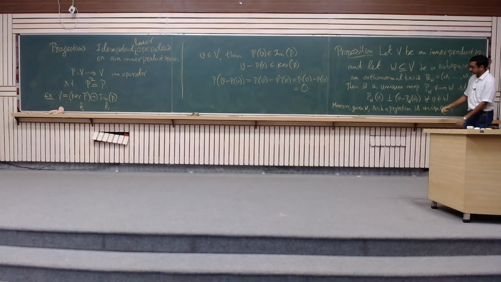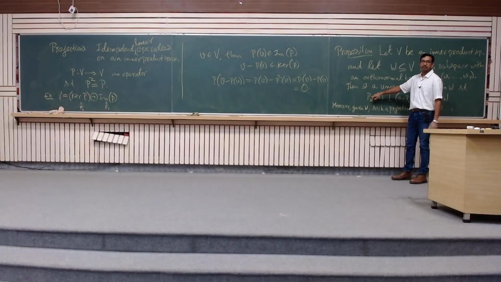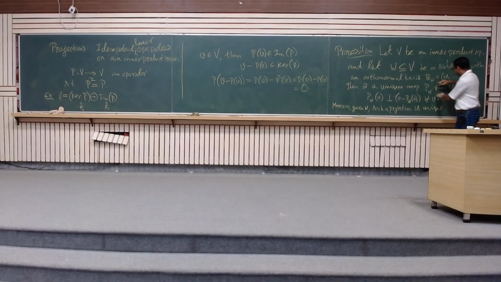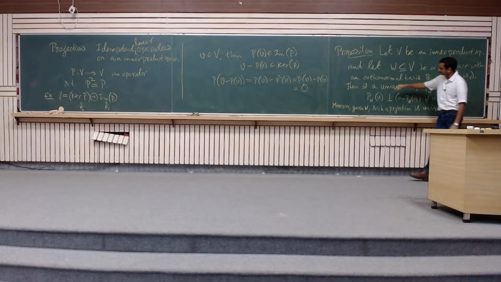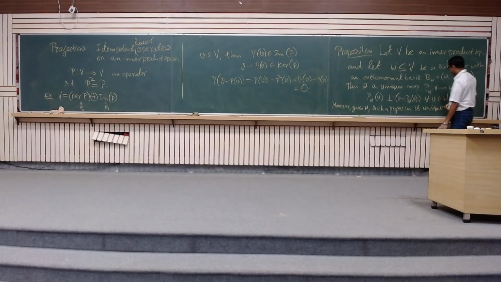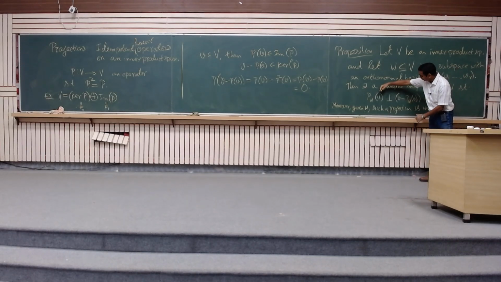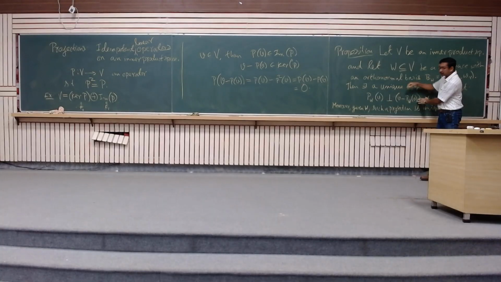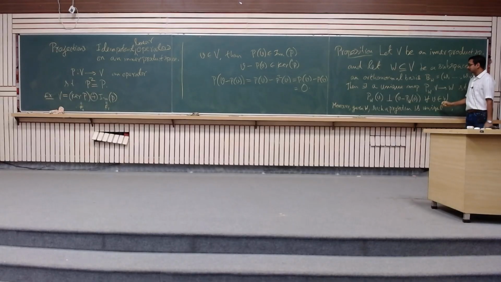Such a projection means that suppose we are having some other map P which is a map from V to W such that the image is perpendicular to W. Okay. Yeah, what I want to say is that not the image, sorry, the image belongs to W, but v minus that image is in W perp. Okay. If such a thing happens, then this is the unique map for which this happens. Okay. In other words, given another orthogonal basis, you will end up with the same map. Okay.